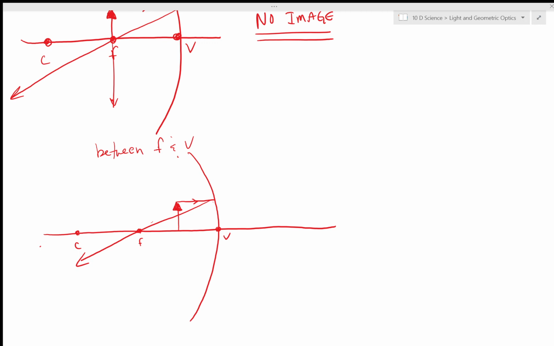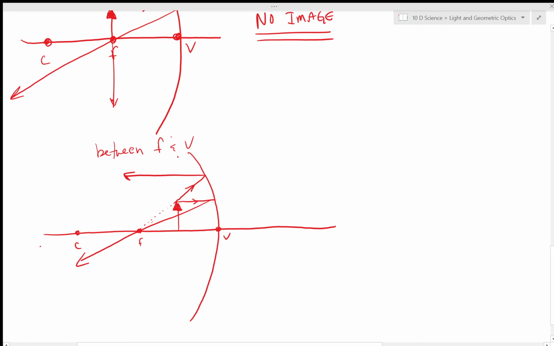So that means that there is a light ray that leaves the object in the same direction as if that light ray would have come from the focal point. So something that looks like this. So you'll notice that that light ray left the tip of the arrow as if it was coming from the focal point. And when that light ray strikes the mirror, it will reflect parallel to the principal axis, just like all of our other ones.